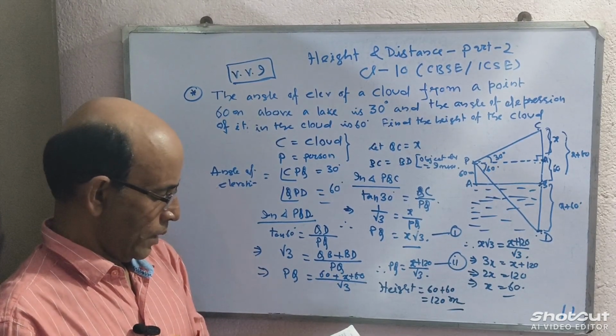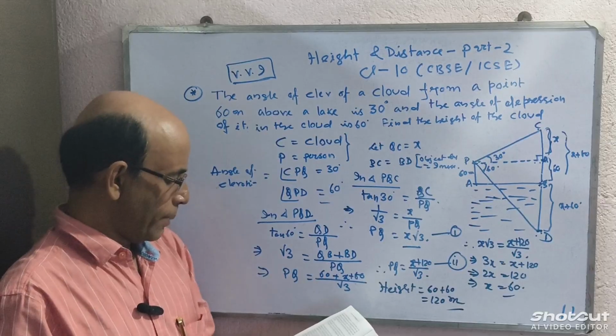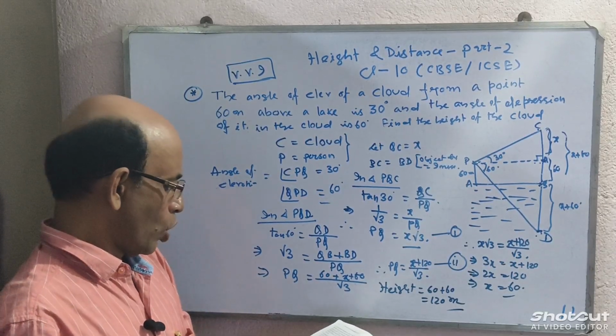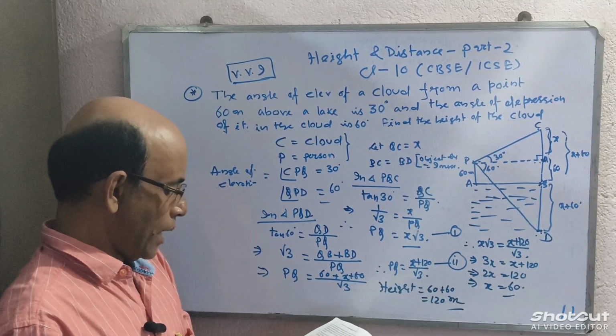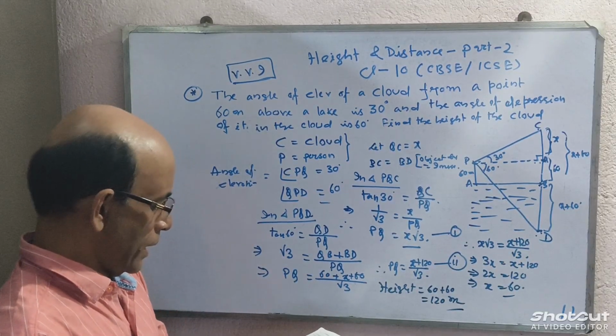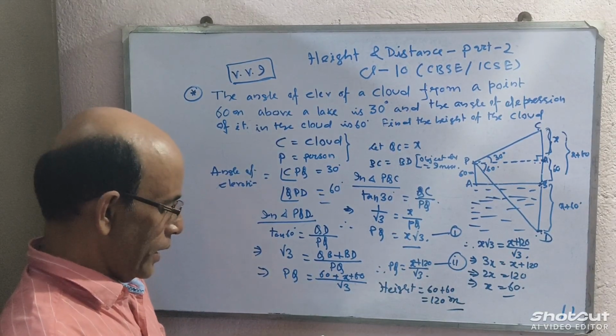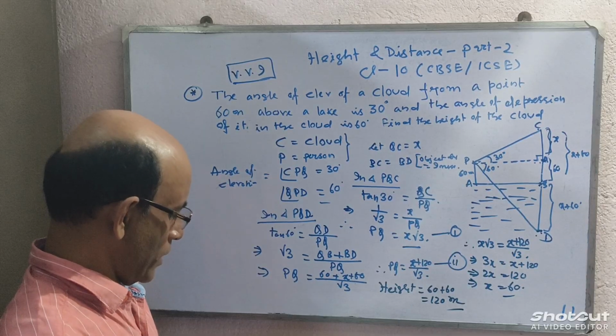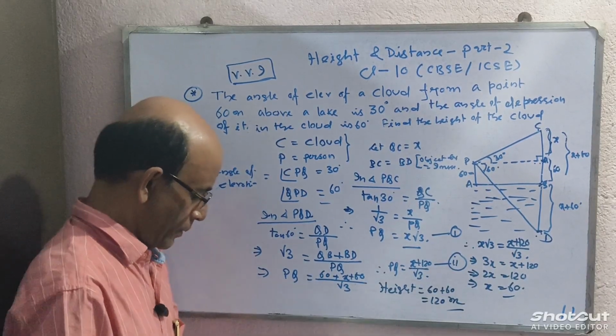Suppose from the question number 19, from the top of a 7-meter high building, the angle of elevation of the top of a cable tower is 60 degree and the angle of depression of its feet is 45 degree.